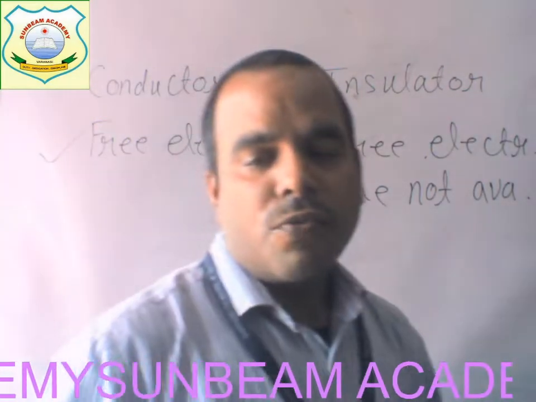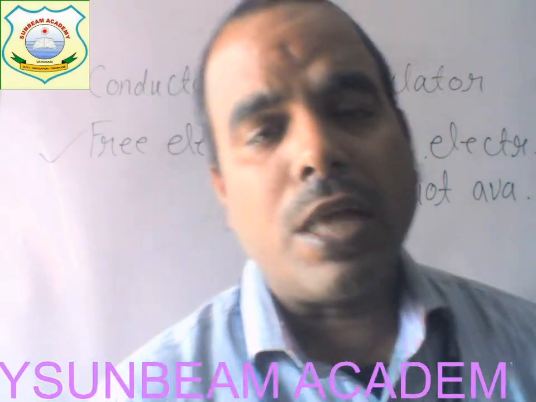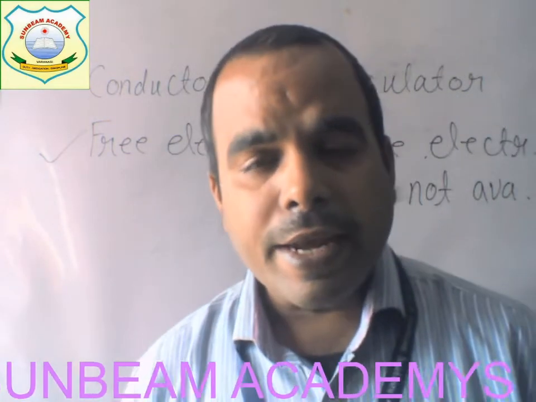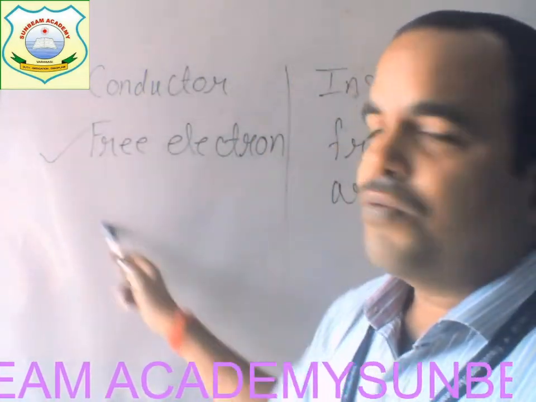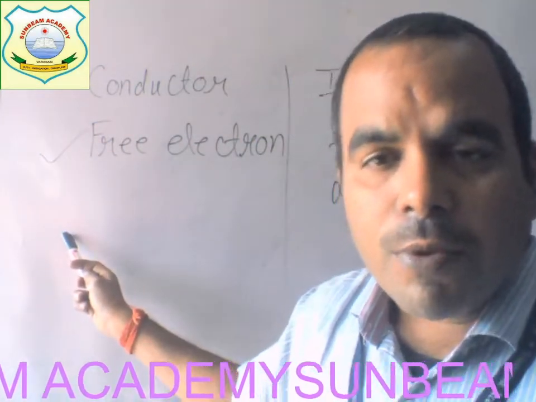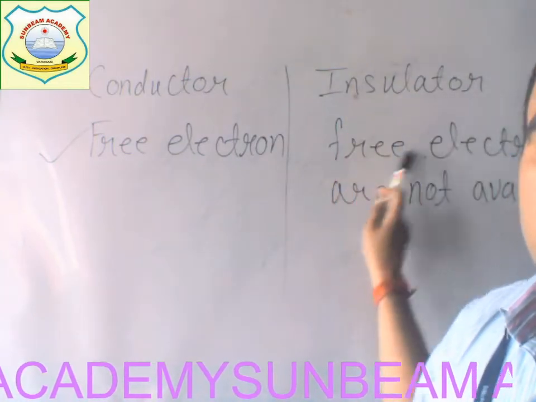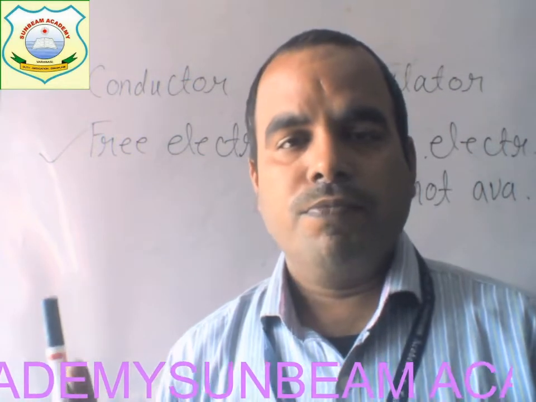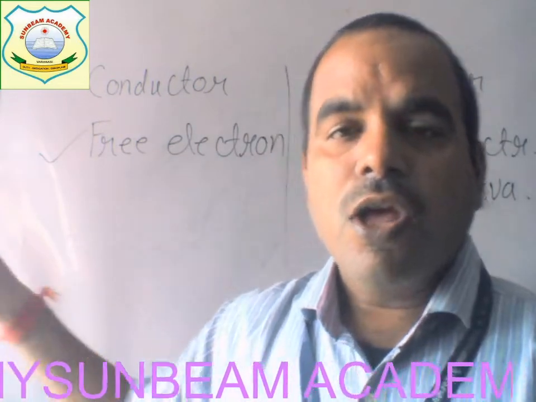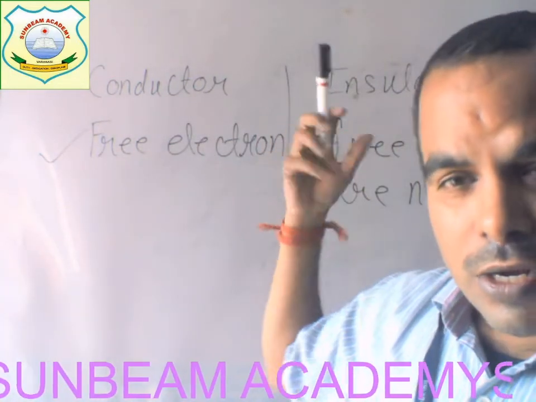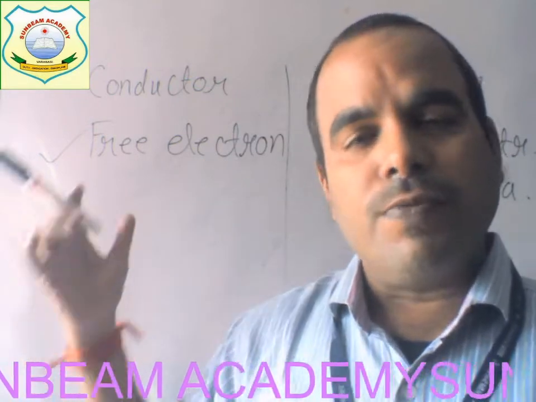The basic difference between conductor and insulator is only one. Here the free electrons are available, here the free electrons are not available. When you have more free electrons, it's a good conductor. When we do not have free electrons, it's an insulator.